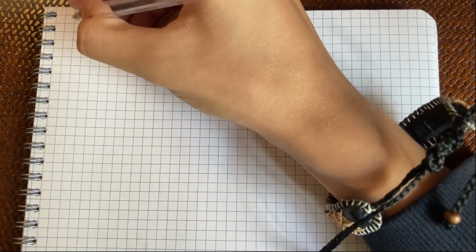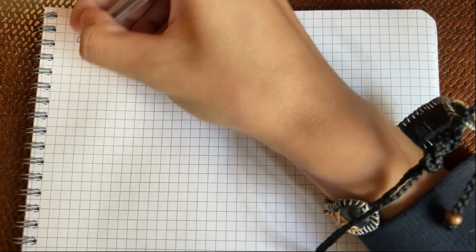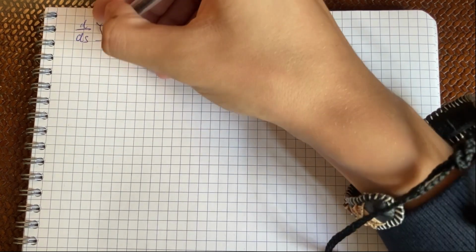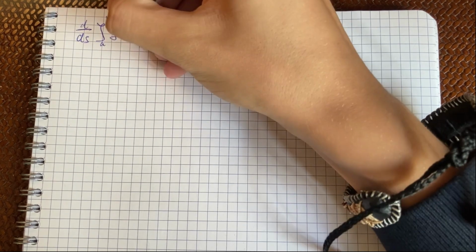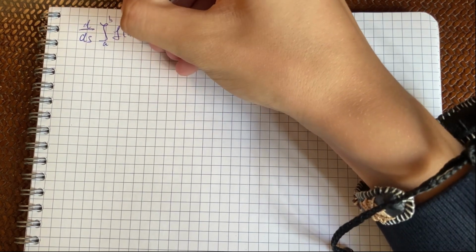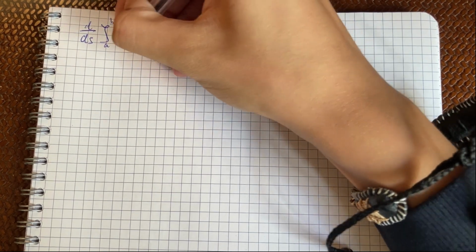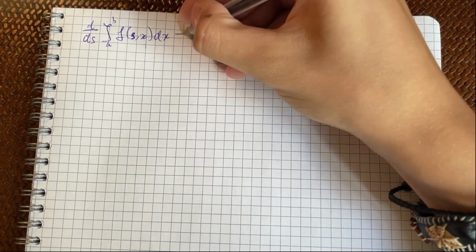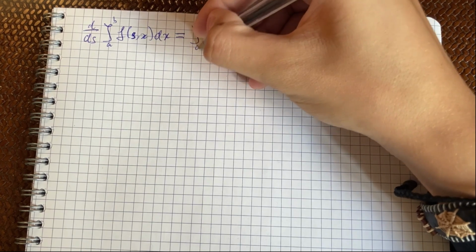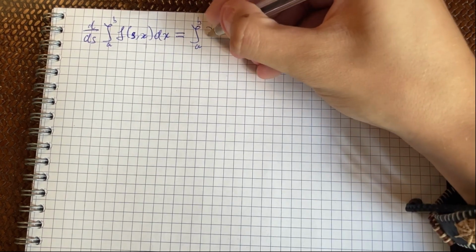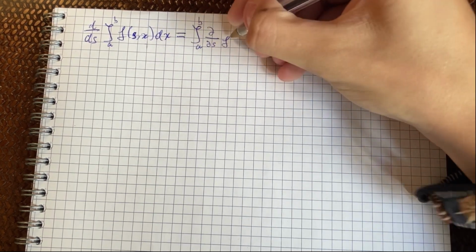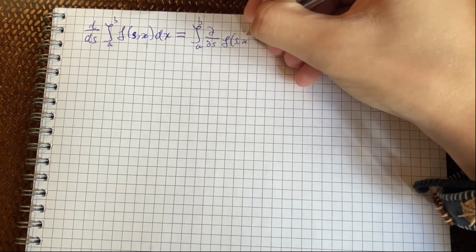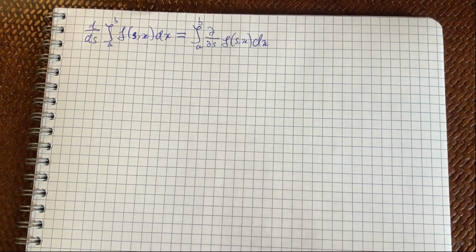The theorem says that d by ds of the integral from a to b of f of s, x dx equals the integral from a to b of del by del s of f of s, x dx.